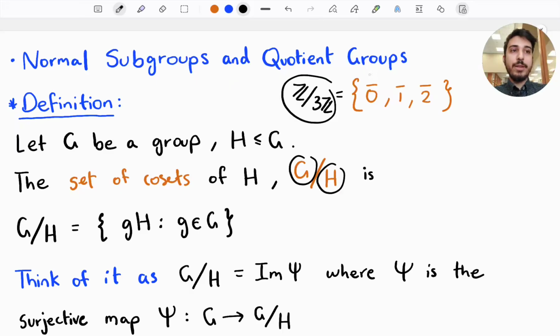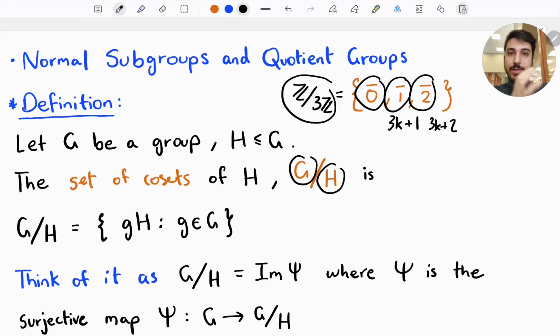So if they're divisible by 3, they are in the coset 0 bar. That means they are a multiple of 3. If they are not divisible by 3, but it's in the form 3k plus 1, then it's going to be in 1 bar. And if it's 3k plus 2, then it's going to be in the coset 2 bar.